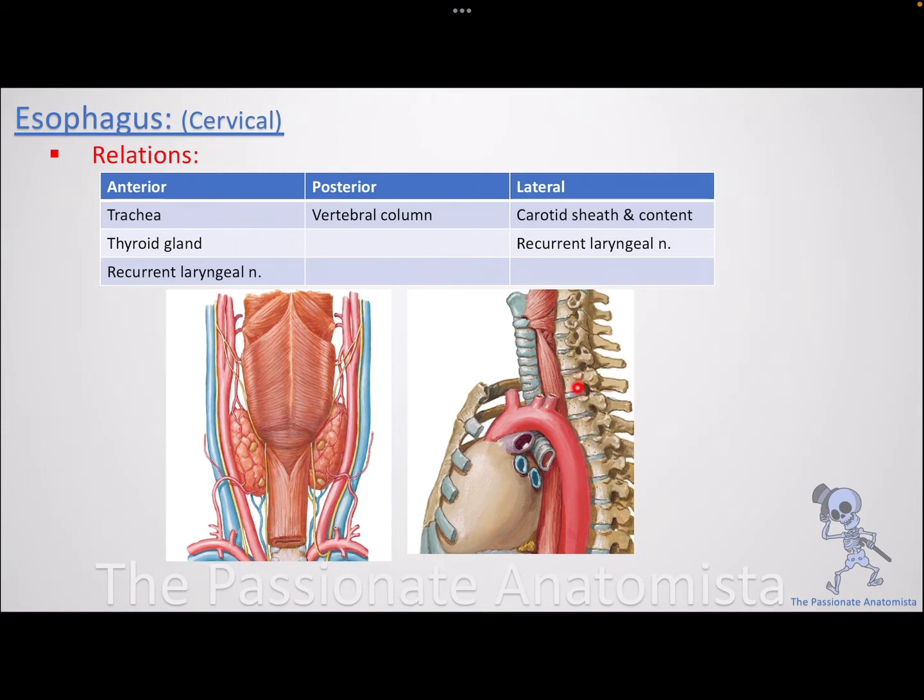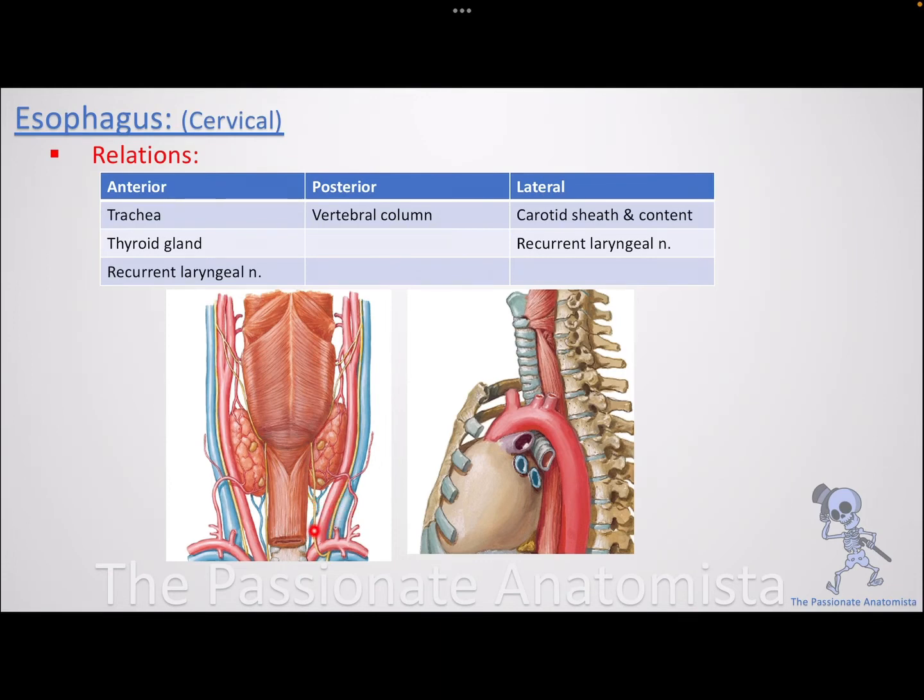Now, what would be posterior to the cervical part of the esophagus? Definitely your vertebral column. It's quite simple. And what about the lateral parts? If you look at the esophagus at the cervical region, you have your carotid sheath and its content. And you know the content of the carotid sheath. It's basically your common carotid artery, the internal jugular vein, and the vagus nerve in between.